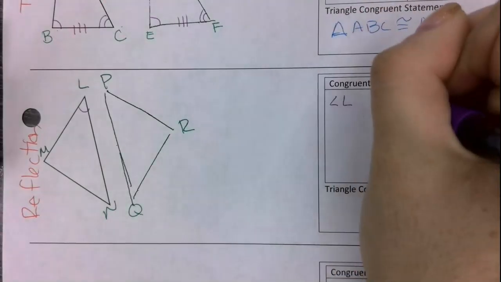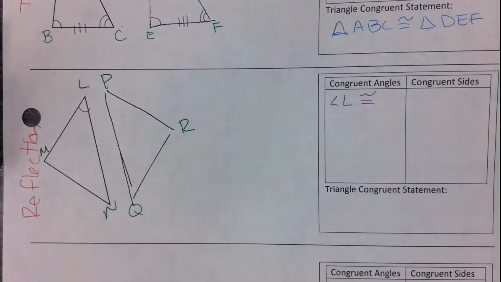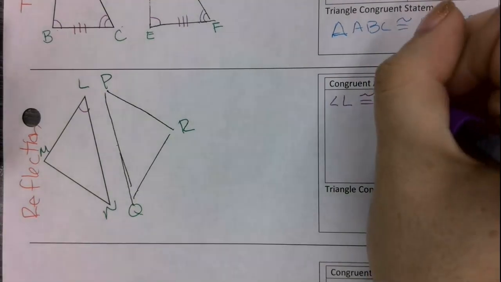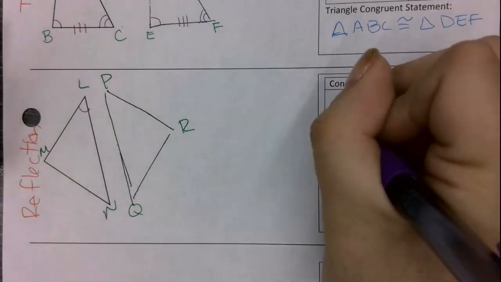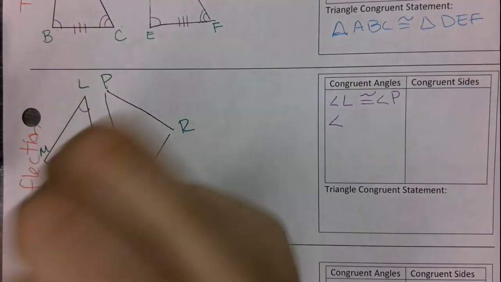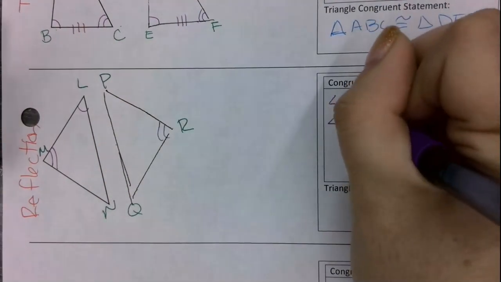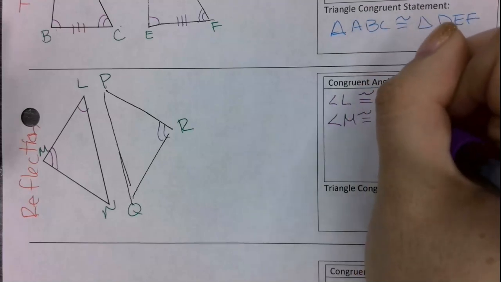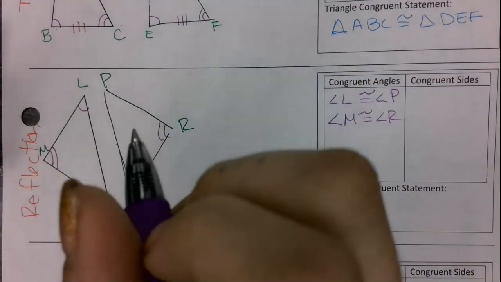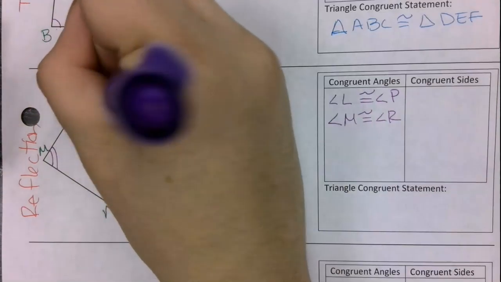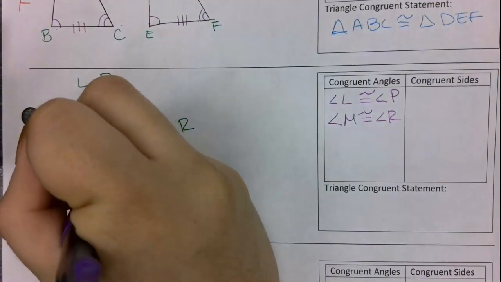So if I started off with angle L, what's the matching one? P, because we flipped it over to get P. Then M and R. Okay. Why did I not throw this one there? And then N and Q.